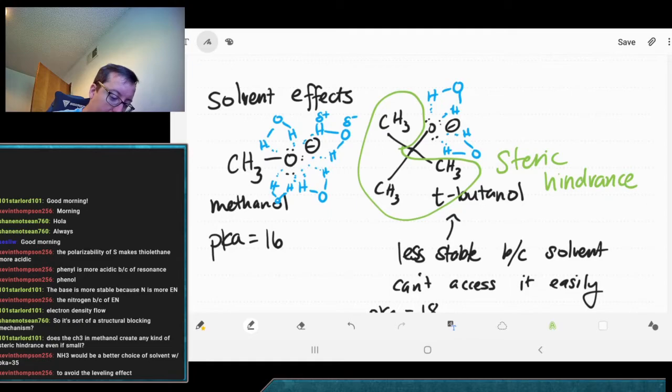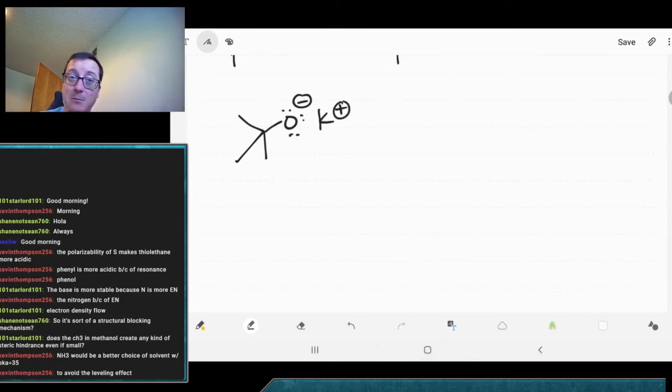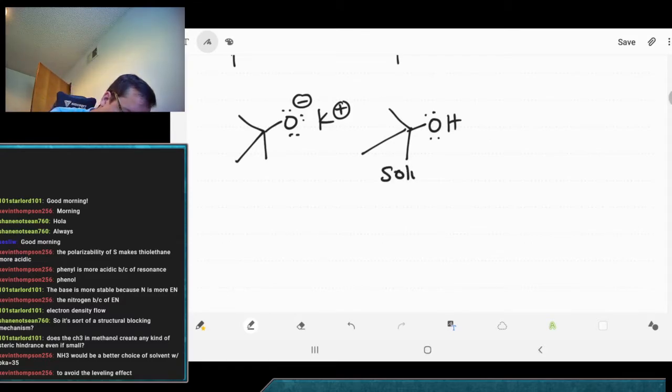So if you had a mixture of potassium t-butoxide and t-butanol, t-butanol would be a great solvent for this because if it does react, it produces the same thing. So overall, there will not be any reaction. So this could be a good solvent for that one.